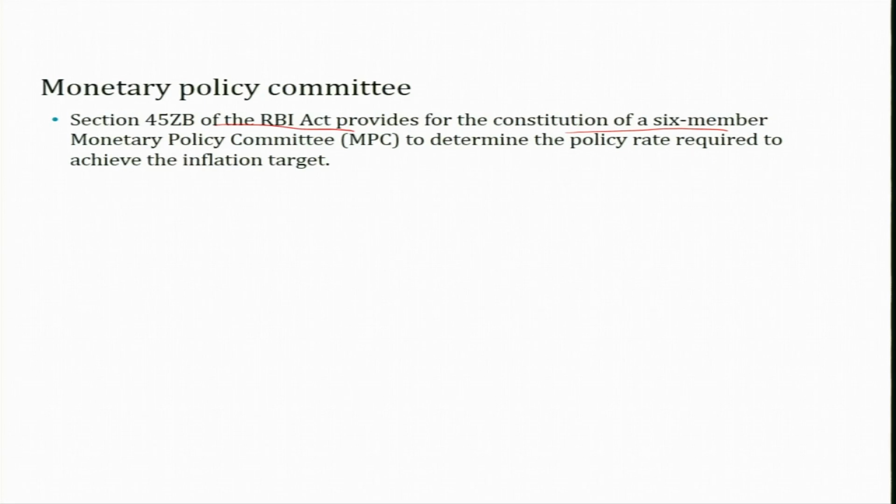So, you can see that in the US it is the Federal Open Market Committee that is the main body entrusted with the monetary policy, and they use open market operations as the main policy tool to implement the monetary policy. But in India we have the Monetary Policy Committee, and we use the repo rate as the main policy tool to achieve its monetary policy targets.